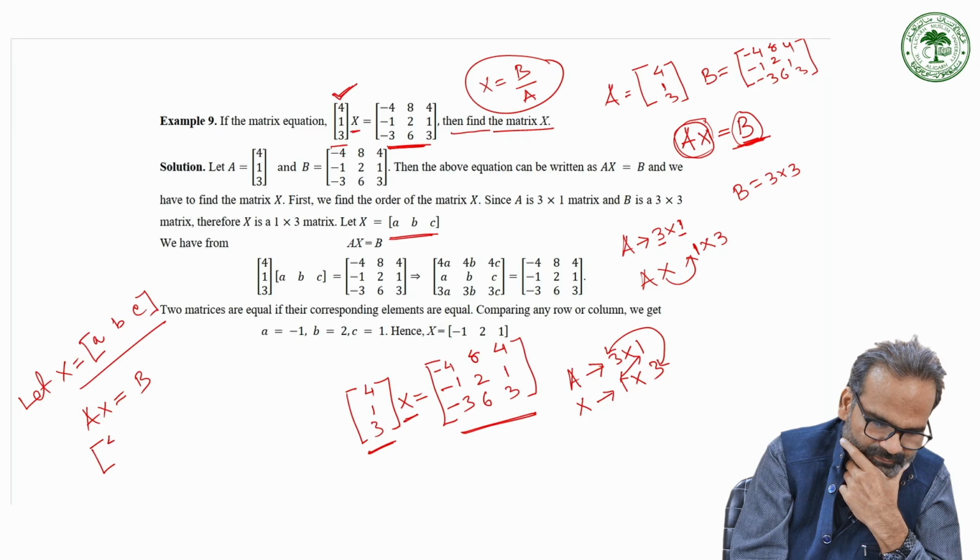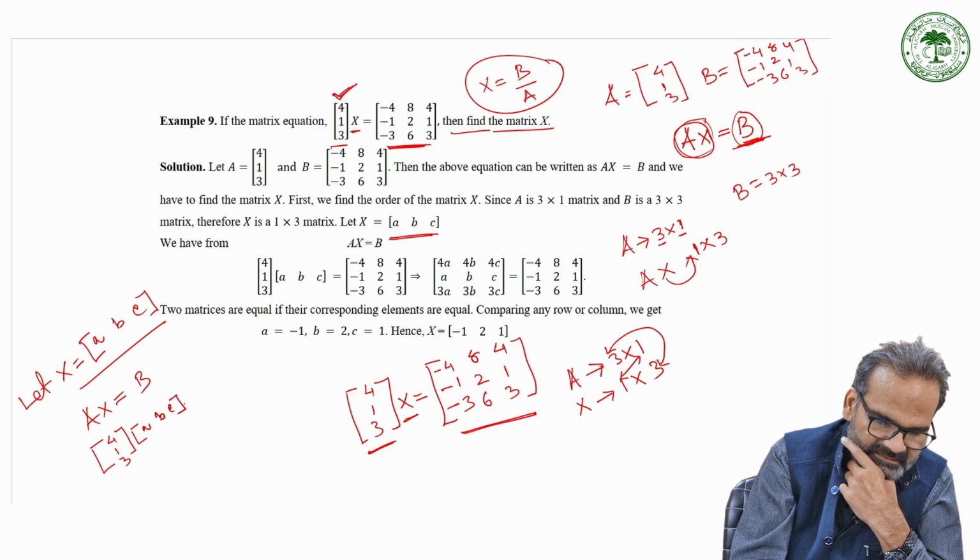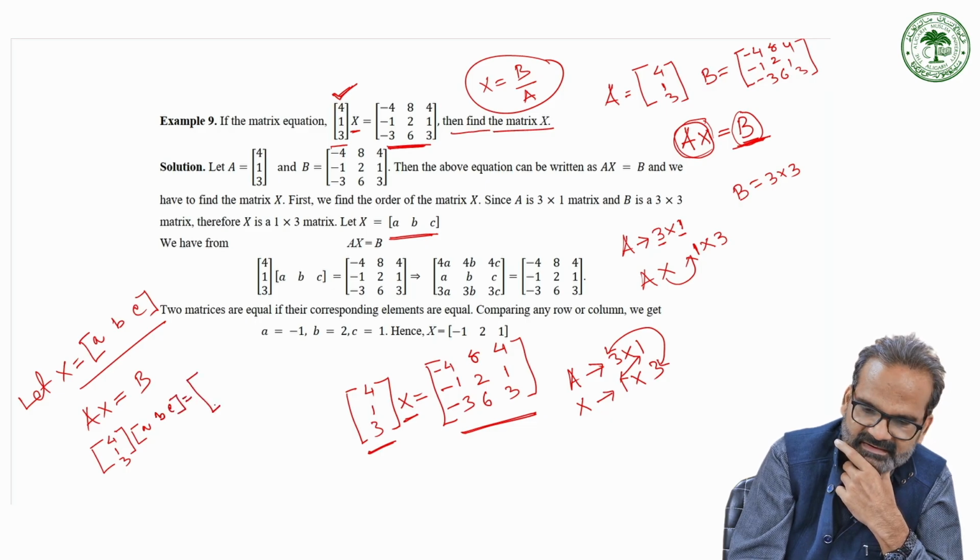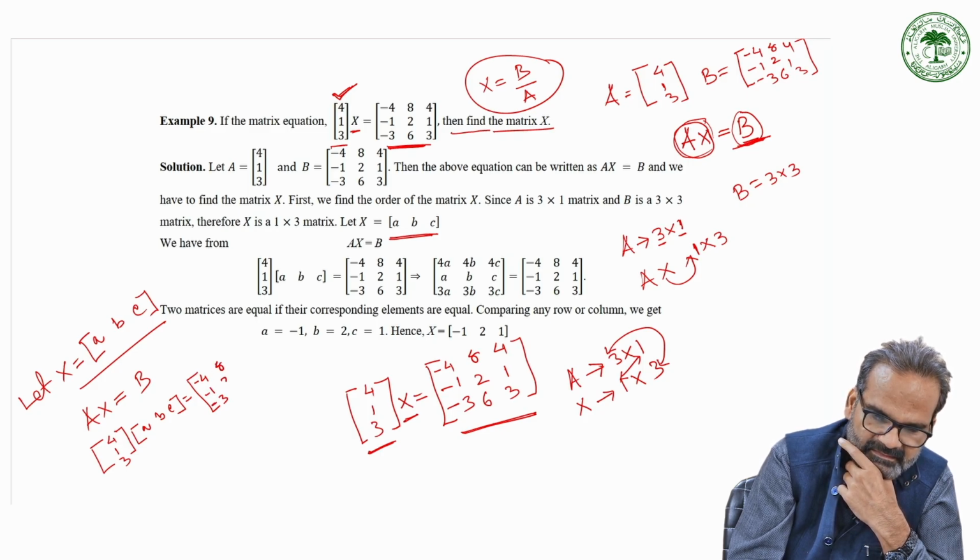A is 4, 1, 3 and X is taken as a, b, c, and this product is equal to which matrix? That is -4, -1, -3, 8, 2, 6, 4, 1 and 3, right.